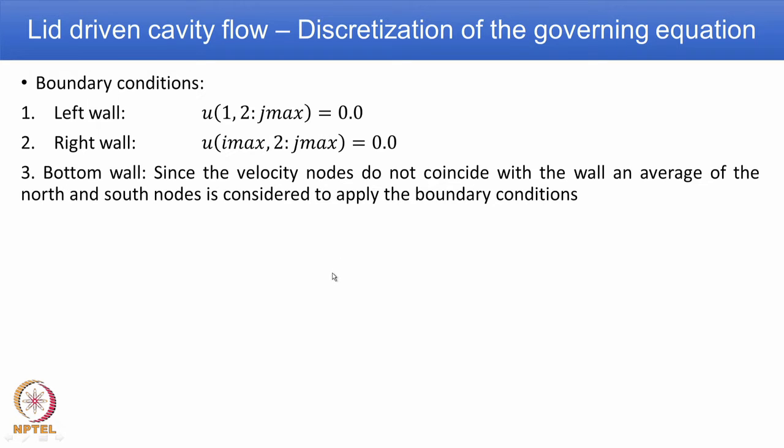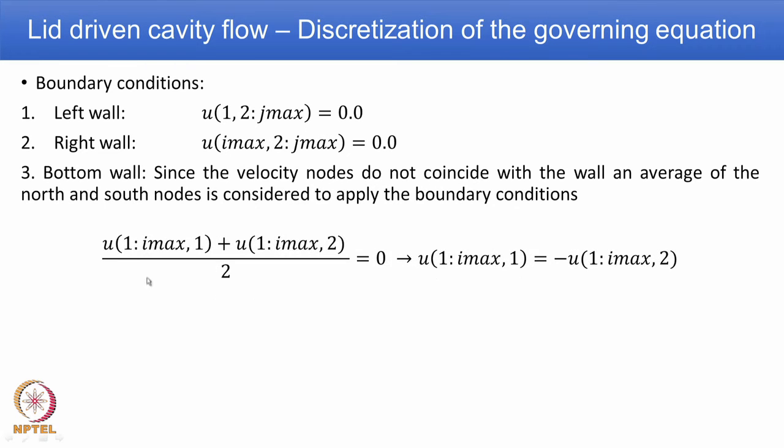Bottom wall: since the u nodes do not coincide with the wall, we have to somehow ensure the no slip condition is also satisfied. So, we take the average of the north and south nodes, which indirectly ensures the no slip condition is imposed on the bottom wall.